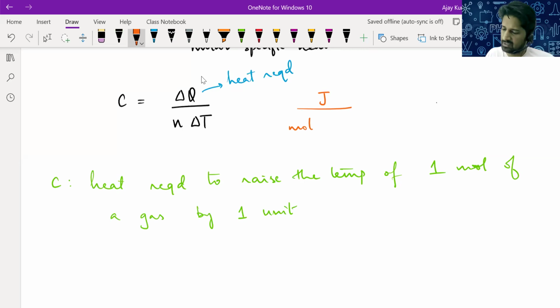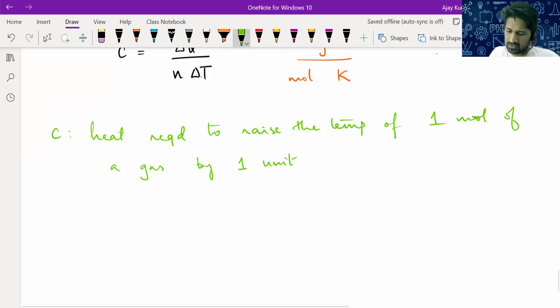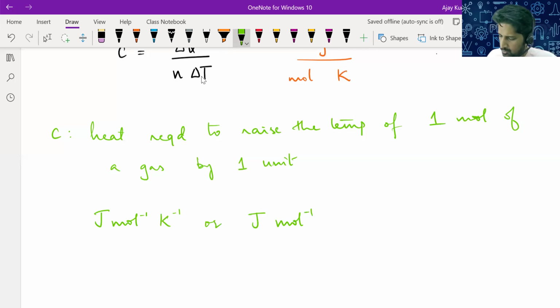Temperature change will be in Kelvin. You can write it in Celsius degrees also. Therefore, the SI unit of molar specific heat will be joule per mole per Kelvin. You can also write joule per mole per Celsius degree. Since it's a temperature change, it will be the same whether you express it in Kelvins or in Celsius degrees.